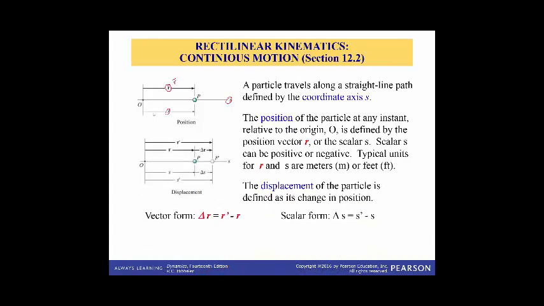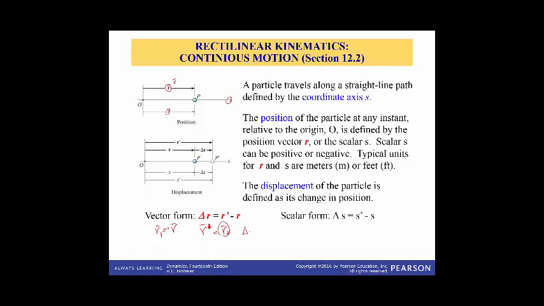So what we have is that a particle has an initial position that is r. Let's call this just r, and then a final position, which is called r prime, so this would be like r2.